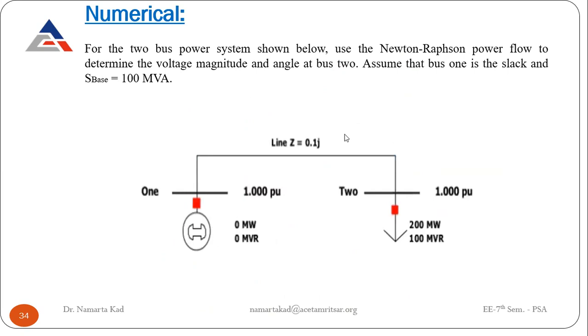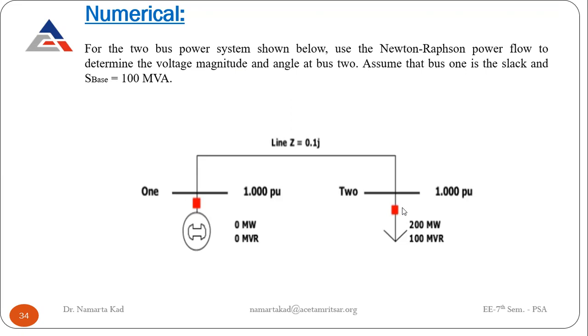Now let's start with the numerical related to the Newton-Raphson method. Then it is more clear to you. It's a simple numerical, a two-bus system. For the two-bus power system shown below, use the Newton-Raphson power flow to determine the voltage magnitude and angle at bus 2, only at bus 2.